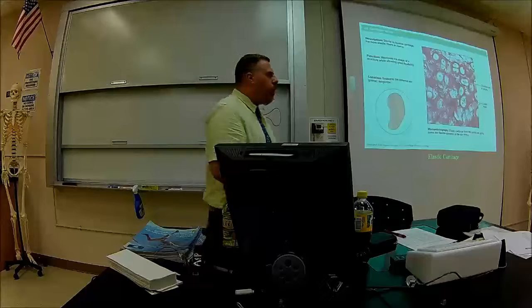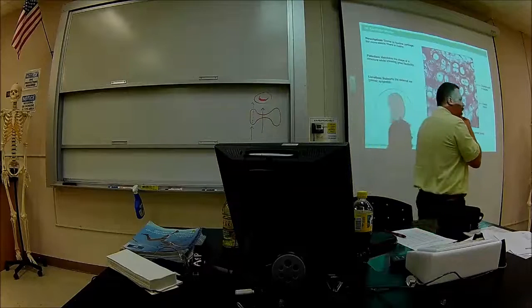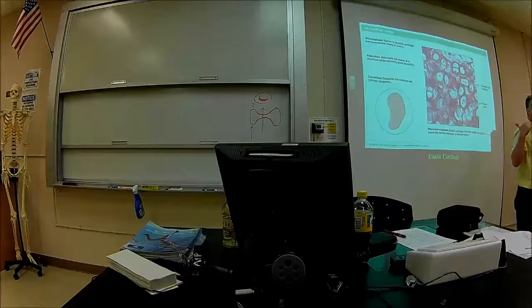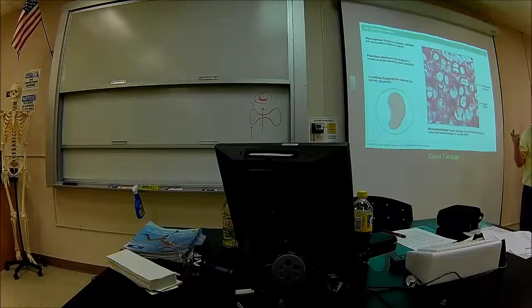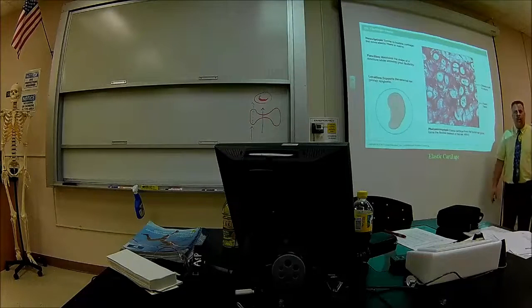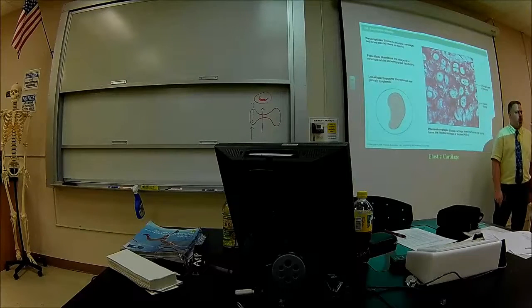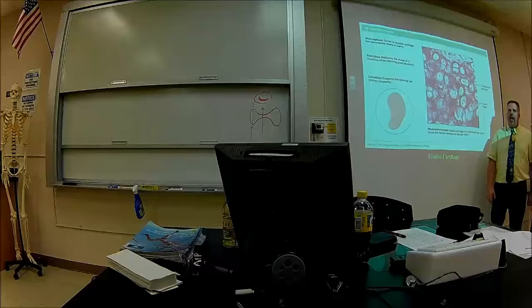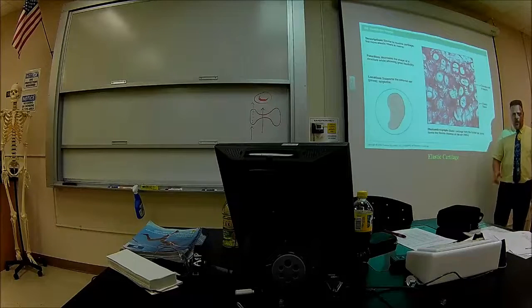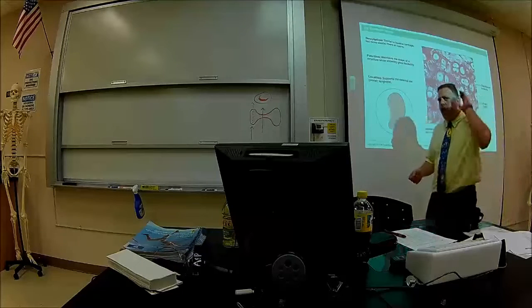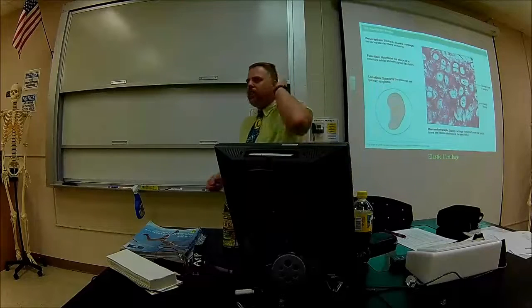This is elastic cartilage. You can see the lacuna there. So already you're thinking cartilage. But the matrix is a little bit different. In the matrix, it has these fibers in here. Those are elastic fibers. This is cartilage that you would find in your ear, kind of give it that flexibility.